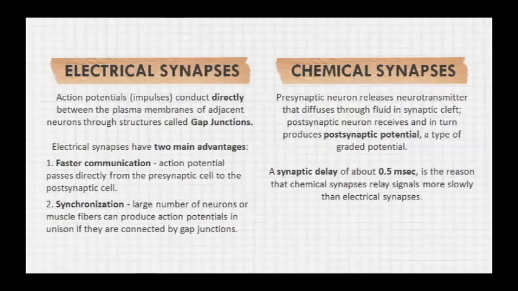On the other hand, we have the chemical synapses where the presynaptic neuron releases neurotransmitters that diffuse through fluid in the synaptic cleft. The postsynaptic neuron receives and in turn produces postsynaptic potential, a type of graded potential. There is the presence of synaptic delay, which is about 0.5 millisecond, which is the reason that chemical synapses relay signals more slowly than electrical synapses.